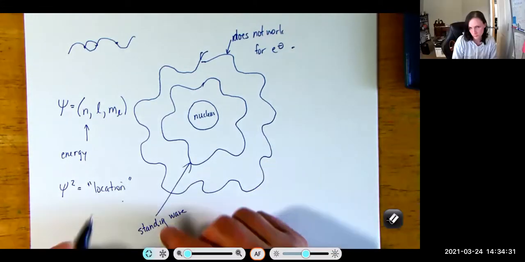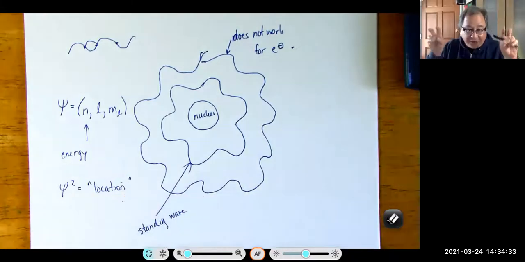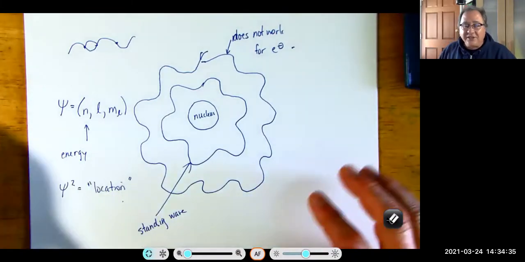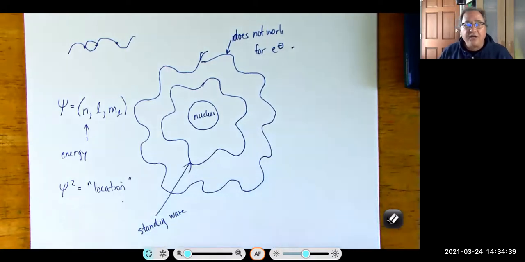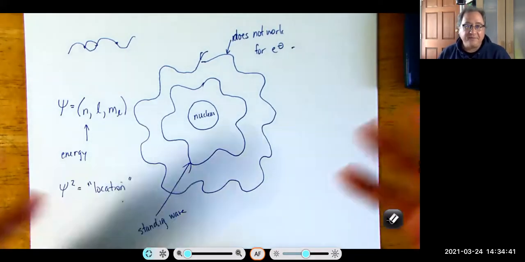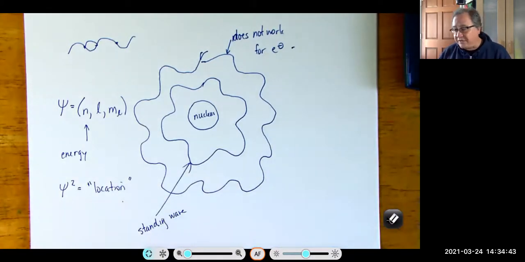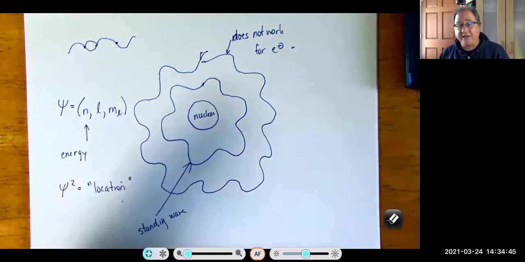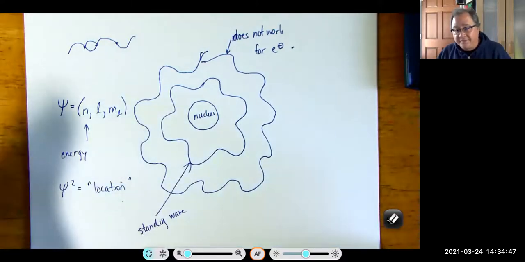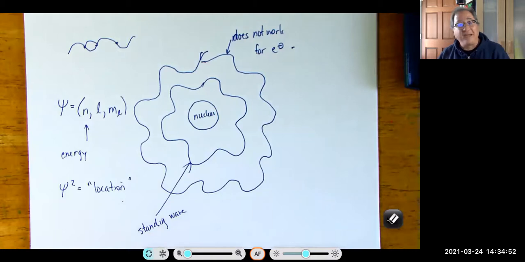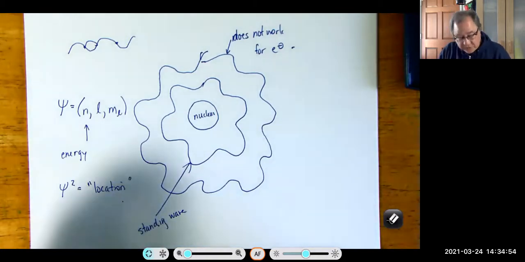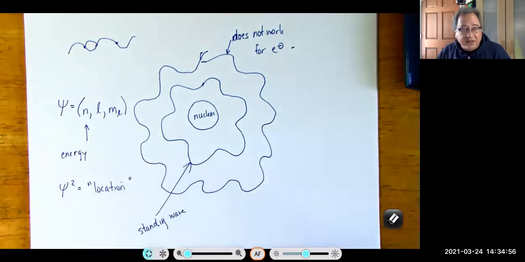Now, when I say location, the reason I have air quotes here is because it's not the real place you're going to find the electron. It's where you're likely to find it. Like for me, I tell you that you'd be likely to find me in Eureka. Would that help you find me exactly? Nope, because it's a big place. So this helps you find where the electron is going to be, but not exactly where it is.